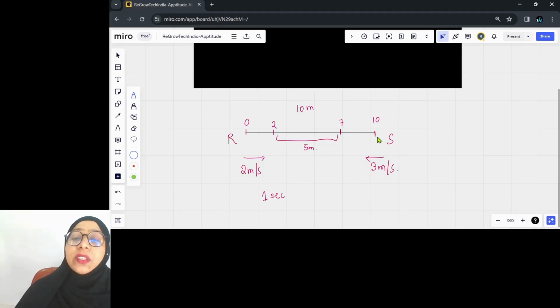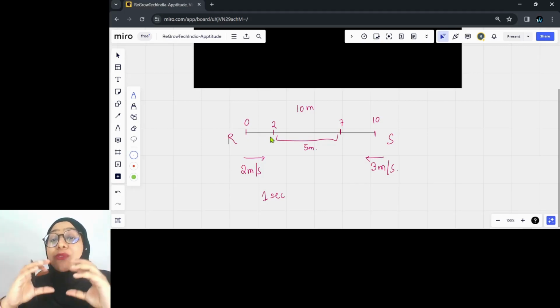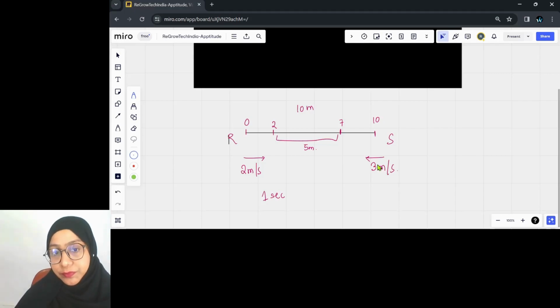Meaning, Simran covered about 3 meters from her direction, Raj covered 2 meters. So, together, they were relatively covering a total of 5 meters in 1 second, right? So, after the first second, the distance between the two of them is only 5 meters remaining.